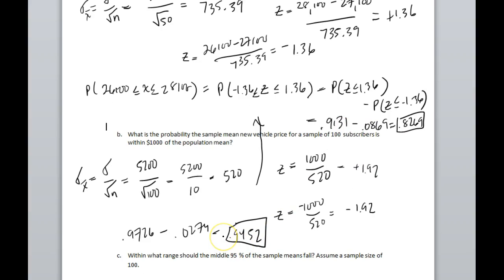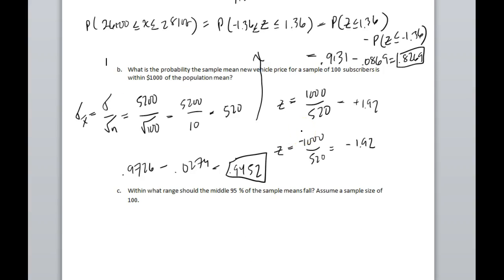Now we have a 94.5% chance that we're going to be within 1,000 of the proposed population mu, right? So this is just trying to illustrate that when we double the sample size, we get a heightened level of accuracy on our estimate of mu.